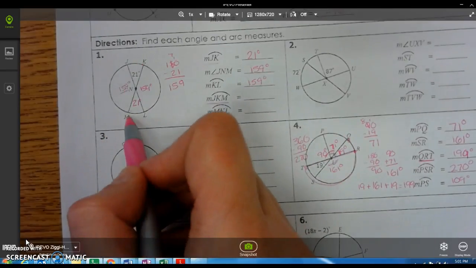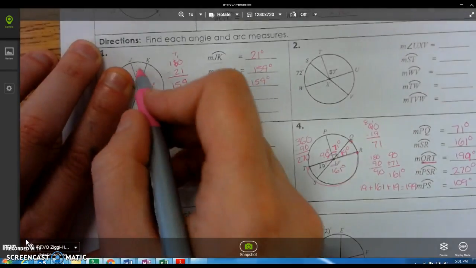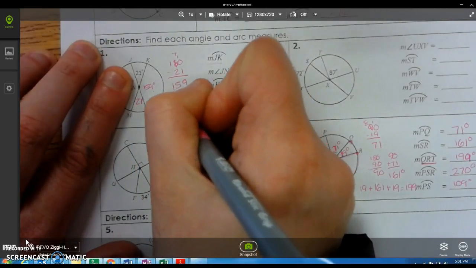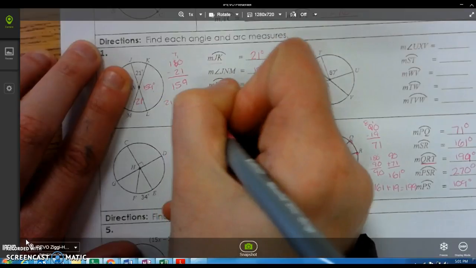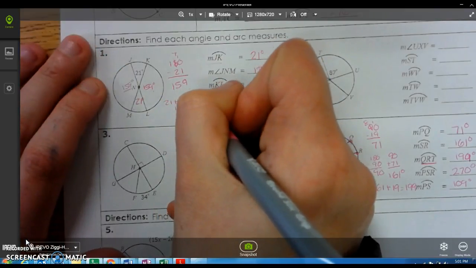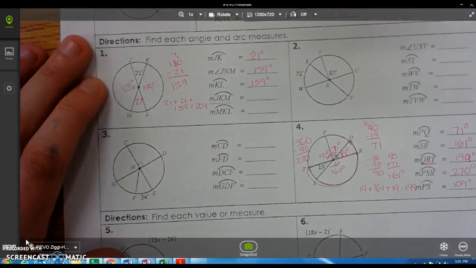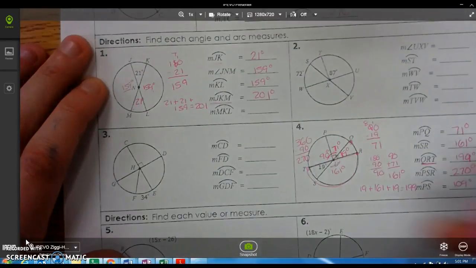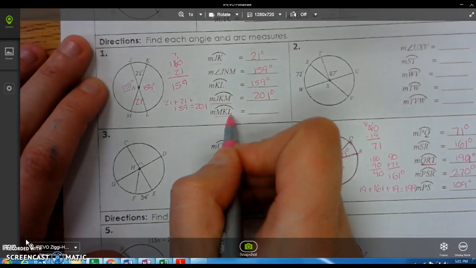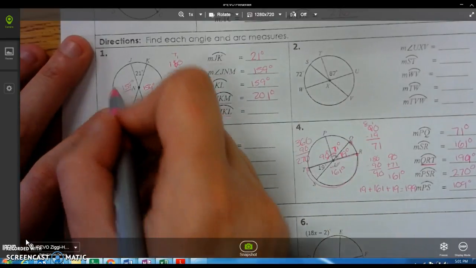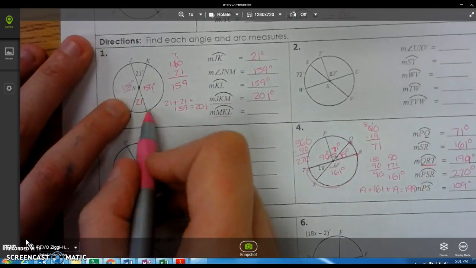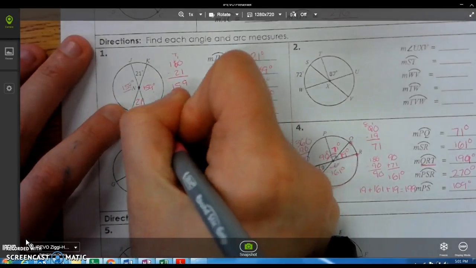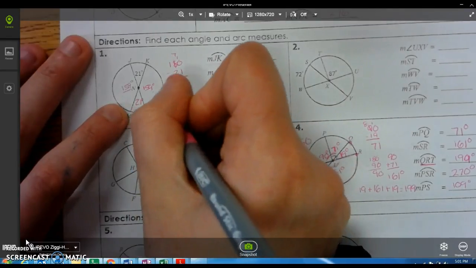J to K to M, so it's everything but that, so these three add together. 21 plus 21 plus 159. So it'd be 201. MKL, major arc, I'm going to have to add M through K to L. Once again, it's all three of these, so why don't I just subtract that from 360? That seems easier, minus 21.